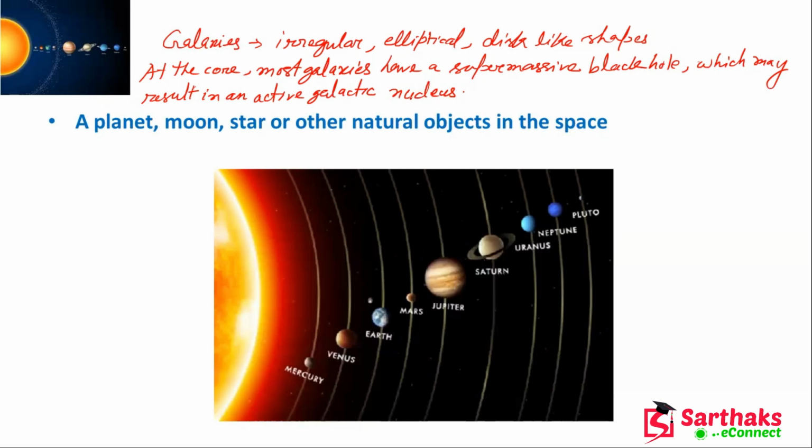Okay, active galactic nucleus. And galaxies can also have satellites in the form of dwarf galaxies and globular clusters.